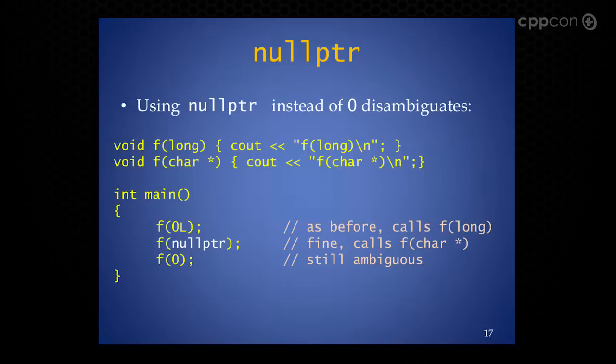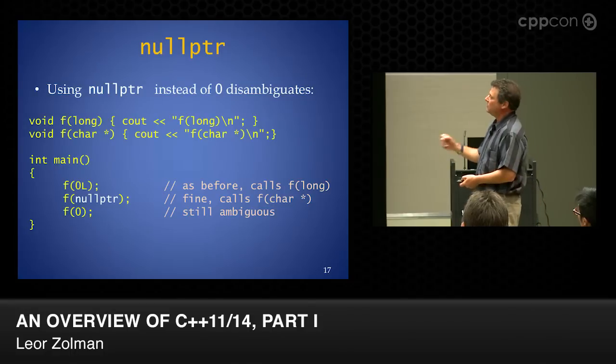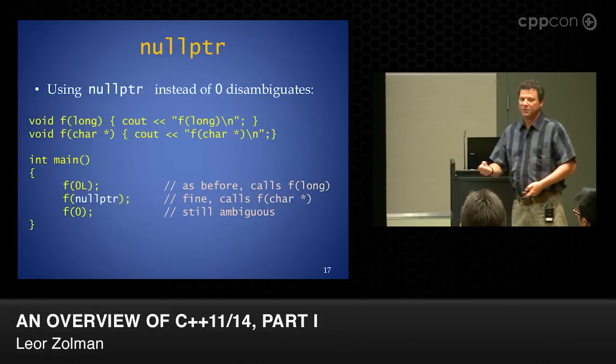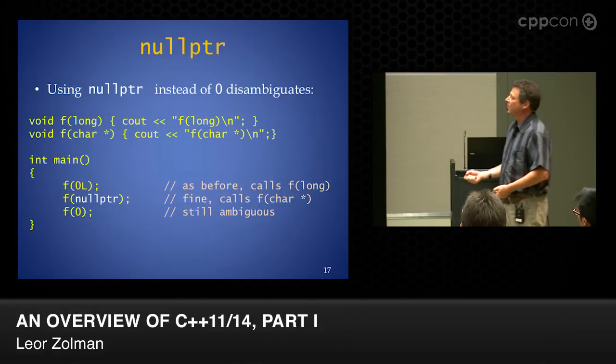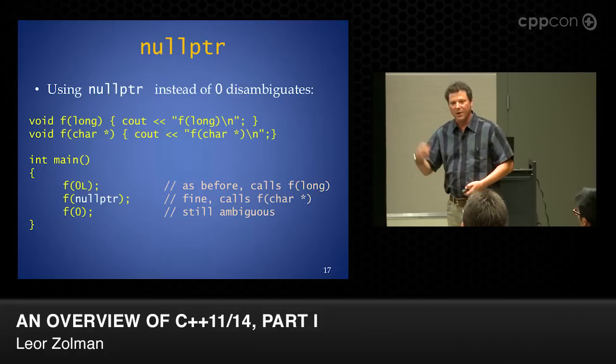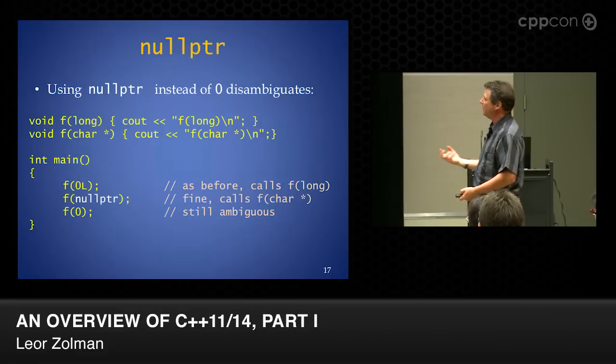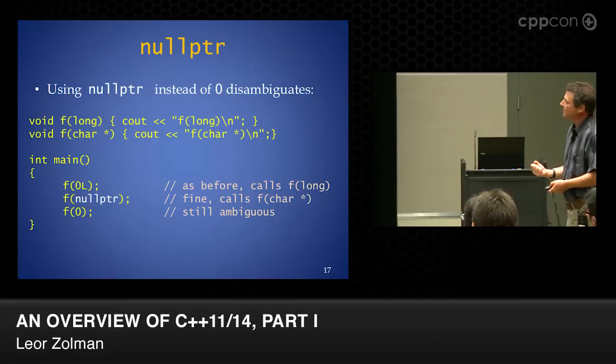New C++ introduces a new keyword, nullptr, which acts like an object that is a null pointer, and only converts to pointer types, but not ever to integral types. So using nullptr in the place of 0 is always a good thing when the 0 is intended to represent a null pointer. It's only going to improve the quality of your code.